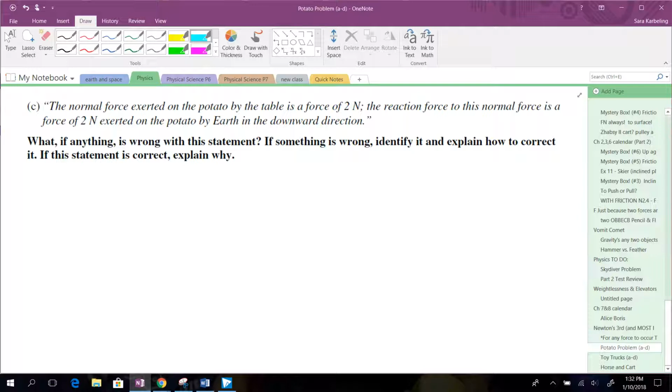This time it adds in the earth, which is not the third law pair to the table on the potato. The table on the potato is one force, right? The reaction to this is a normal force on the potato by the earth.